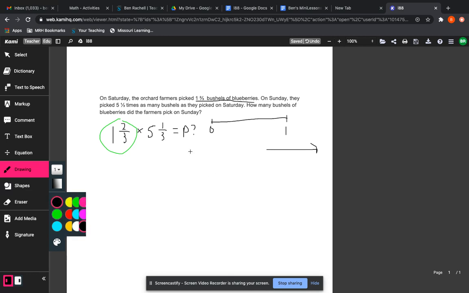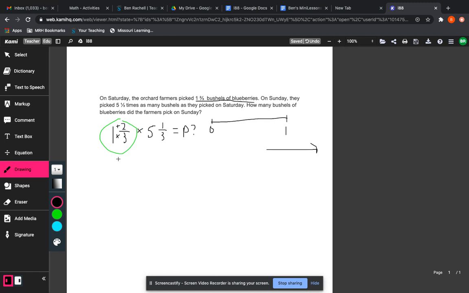I'm going to convert these to improper fractions to start with. So let's remember how to do that. We have to multiply our whole number, so 1, times our denominator, or in this case, it's 3. So we get 1 times 3. And then we have to add that to our numerator. So we have one group of 3, which gives us 3/3. And then we have to add that to 2/3, our remaining fraction left over.